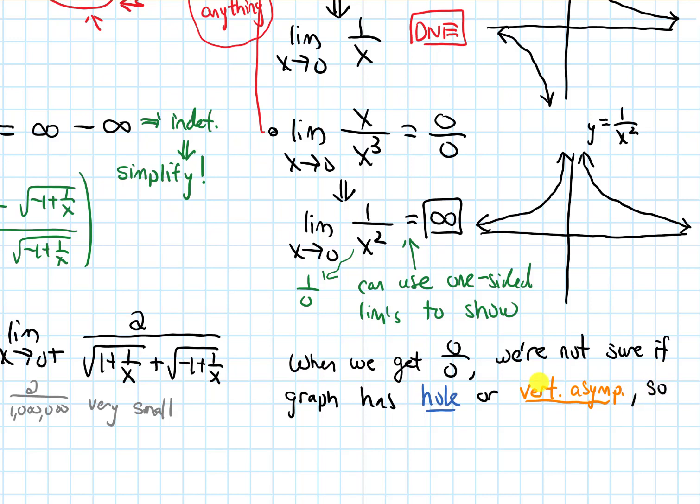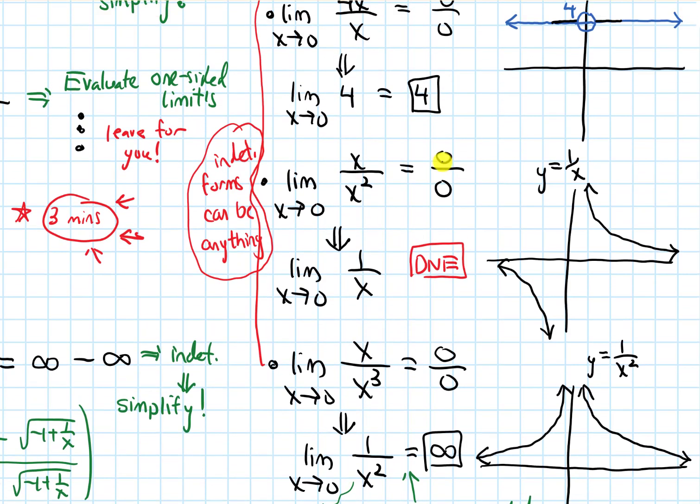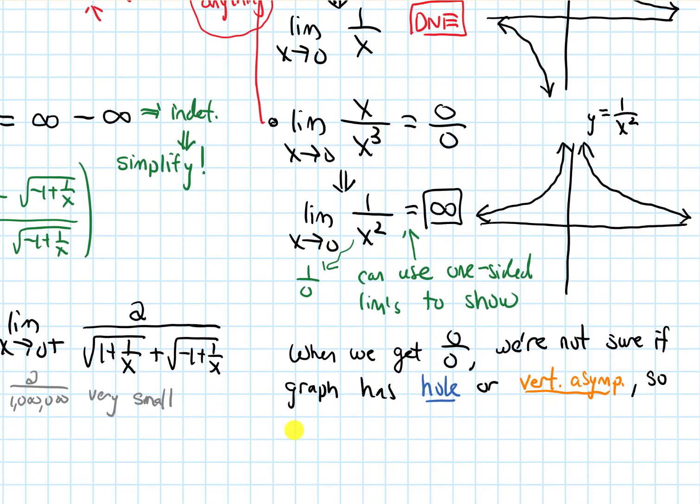And because we're unsure of that, if I just see 0 over 0 and I have no other information, I'm unsure whether there's a hole or there's going to be a vertical asymptote. So we must simplify to gain more information. And that's conceptually why we simplify with indeterminate form limits.